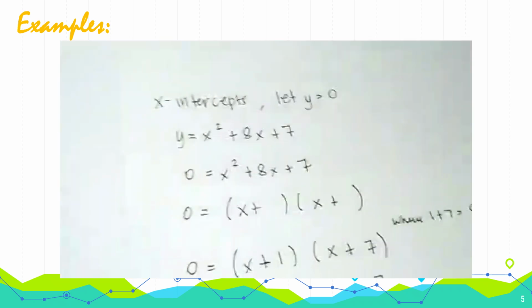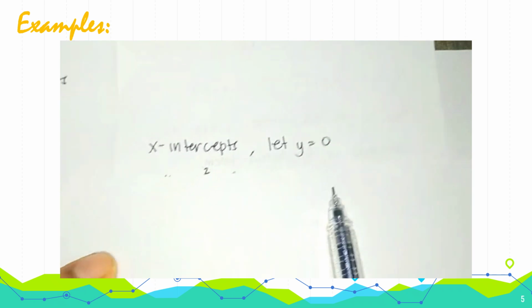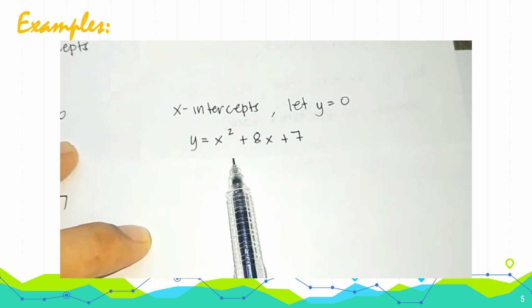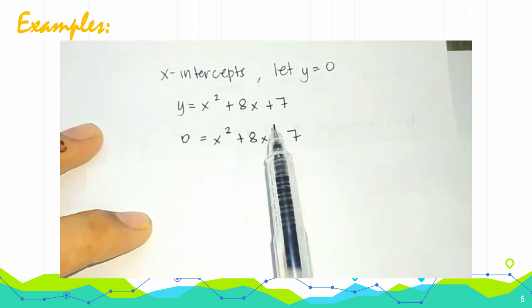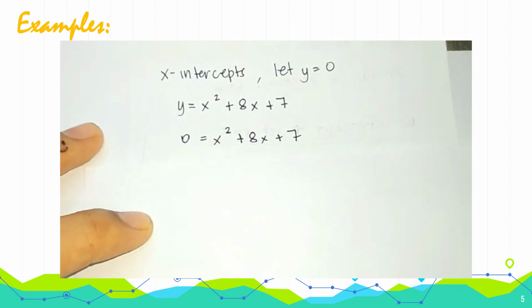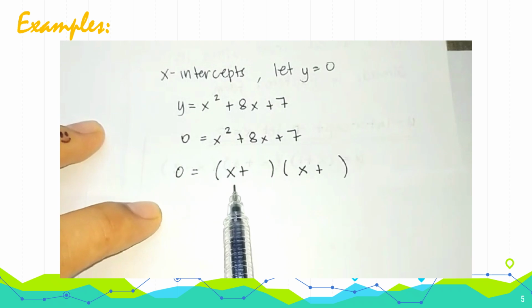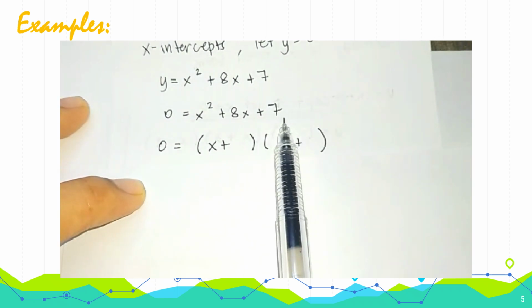Now for the x-intercept, we let y be equal to 0. Since this polynomial is not yet factored, we need to factor it first so that we can find the intercepts. We concentrate on the constant, which is 7. What are the factors of 7 that, if we add them, will give us 8?